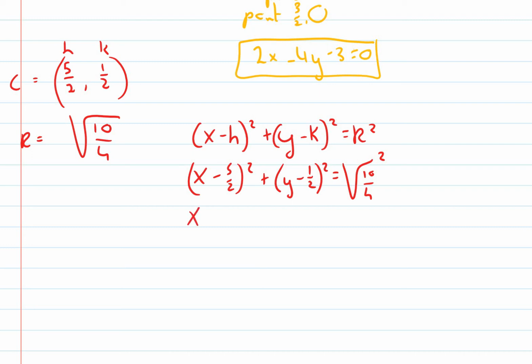That will give me x minus 5/2 squared plus y minus a half squared equals 10/16. And we can leave it at that. Okay, so there is my equation of that circle.